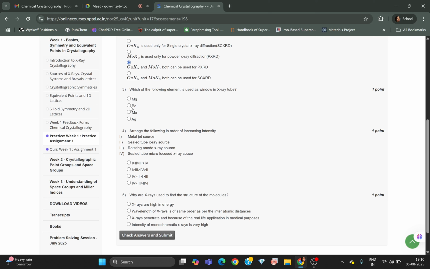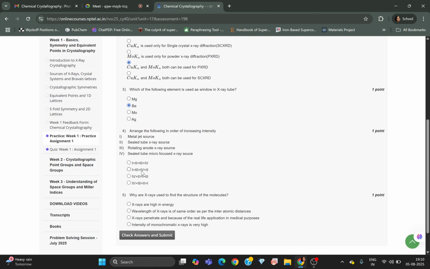There is no option listed as 3, 1, 2. Metal jet in arranged increasing intensity: 1, 3, 4.